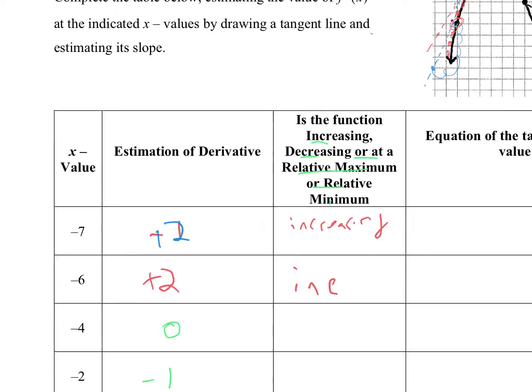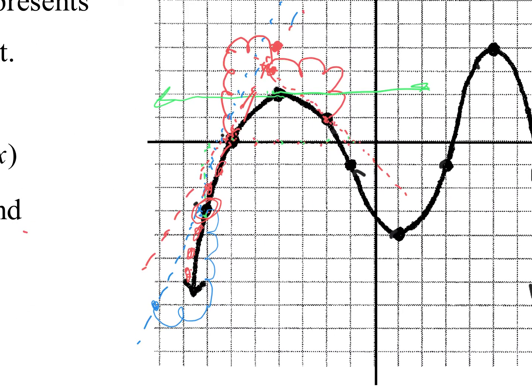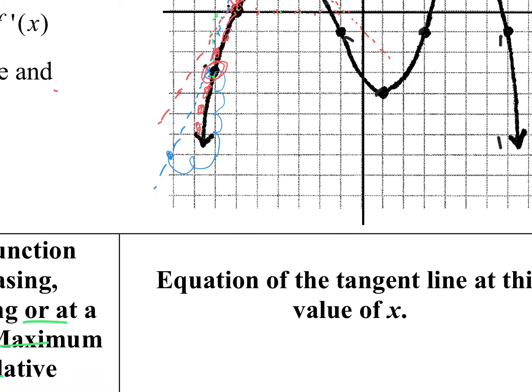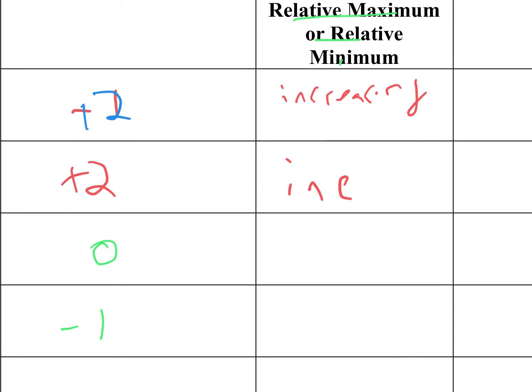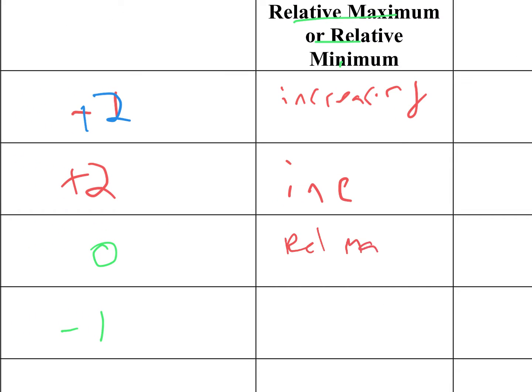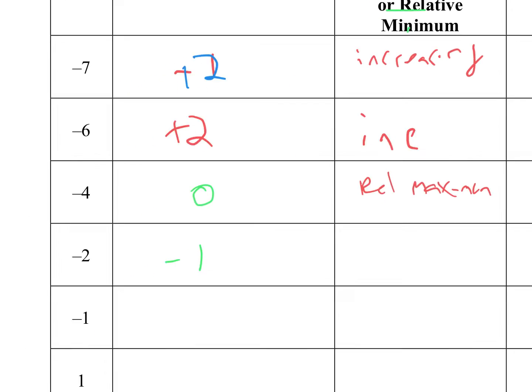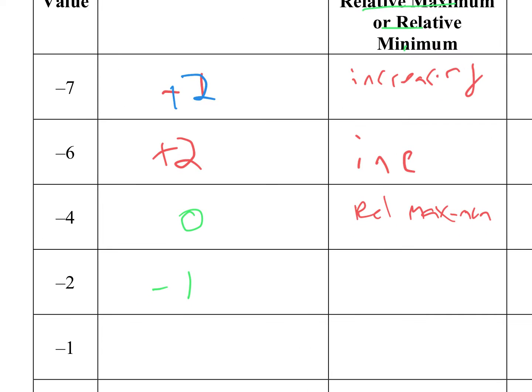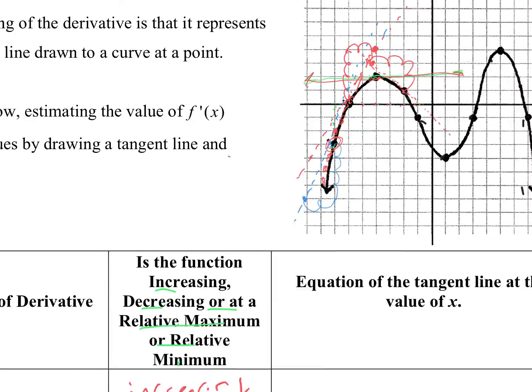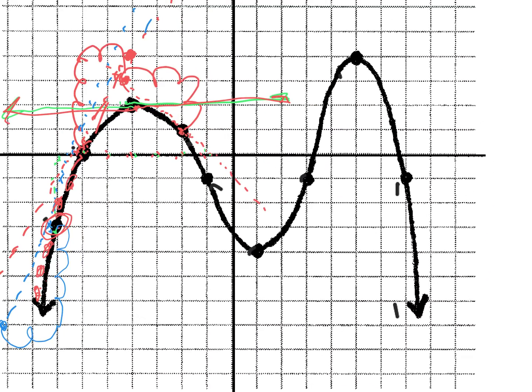What's happening at a -4, when that slope was 0? Relative maximum? It's a relative max because it's on top of a mountain. Okay, so we would write out relative max, a maximum, and at -2, the slope's negative.